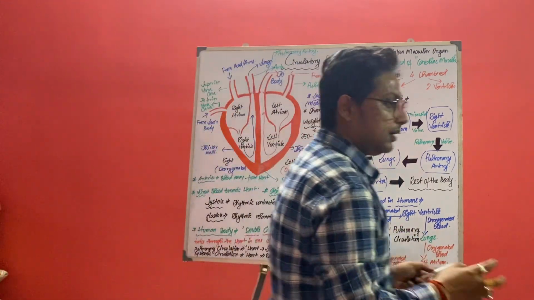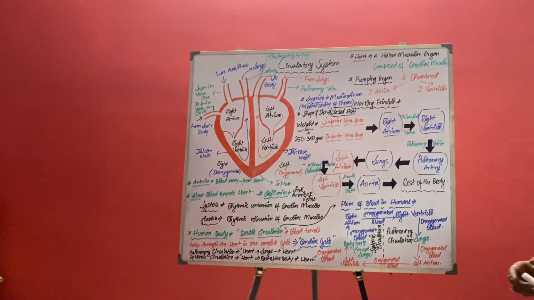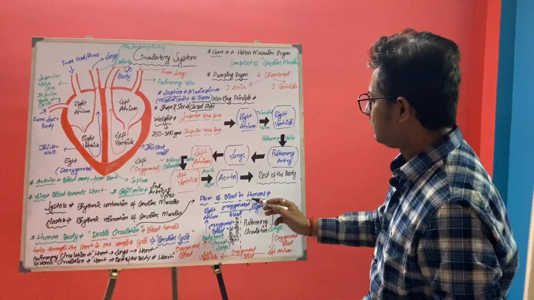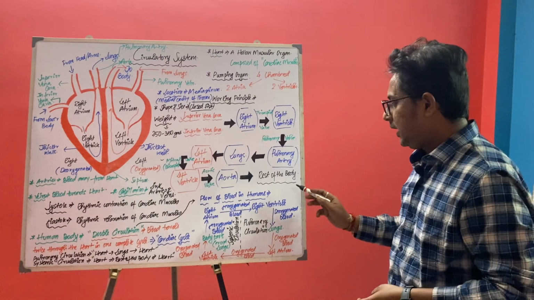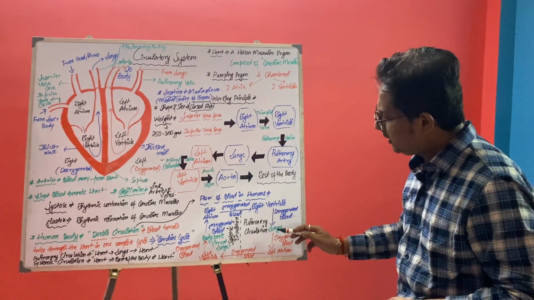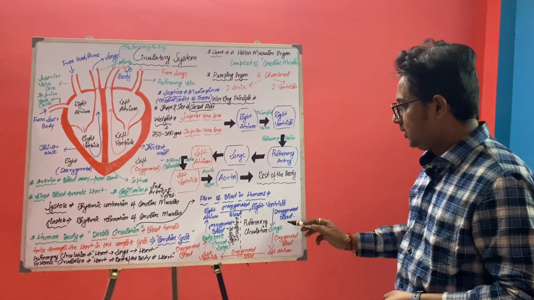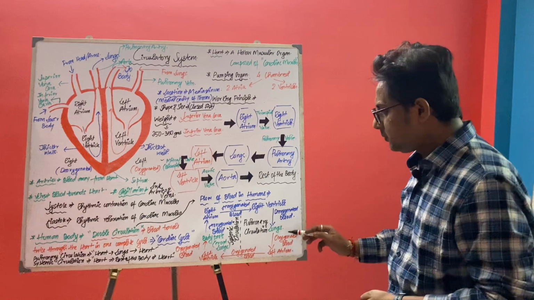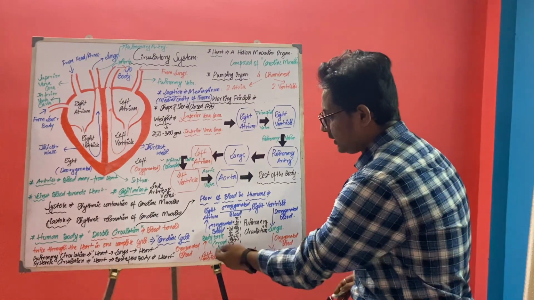If we see a brief yet elaborate diagram of how the flow of blood occurs in humans, deoxygenated blood from the right atrium enters the right ventricle, and from the right ventricle it enters the lungs. From the lungs, where the oxygenation process occurs, the oxygenated blood enters the left atrium, and from the left atrium it enters the left ventricle.